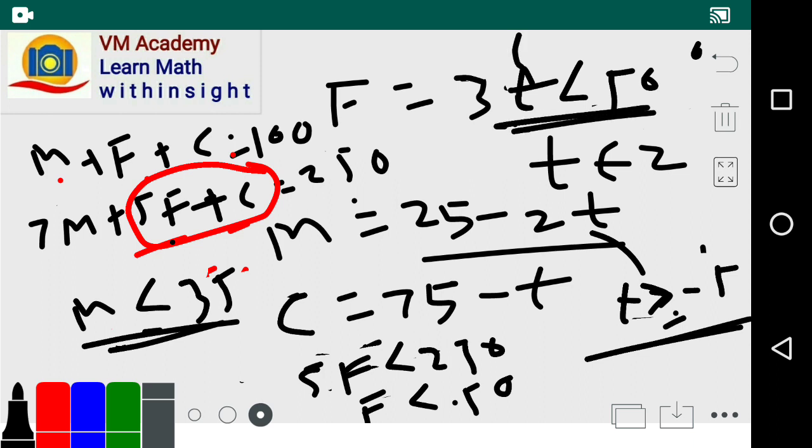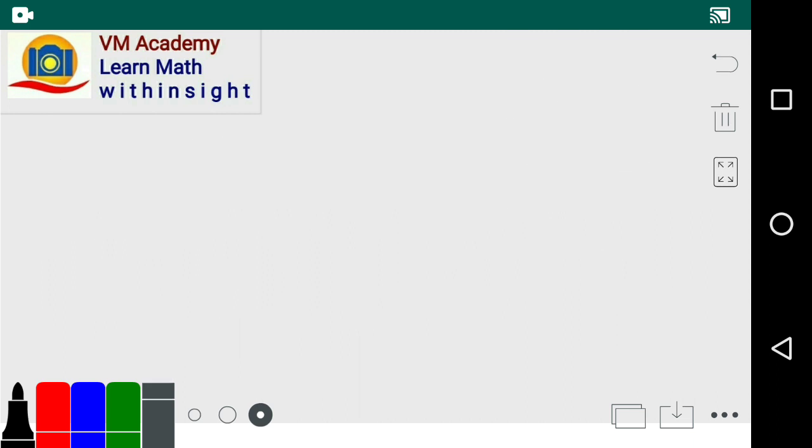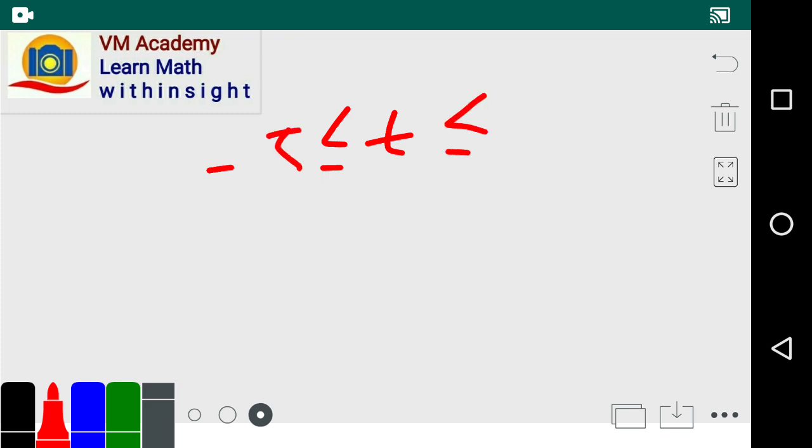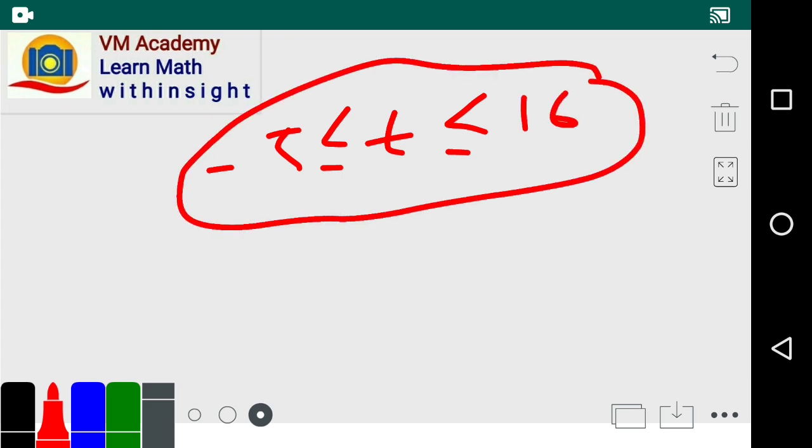So t is less than 16 point something, friends, meaning t is less than or equal to 16 and t is greater than or equal to minus 5. Thus we get, friends, t greater than or equal to minus 5 and t less than or equal to 16 at max.